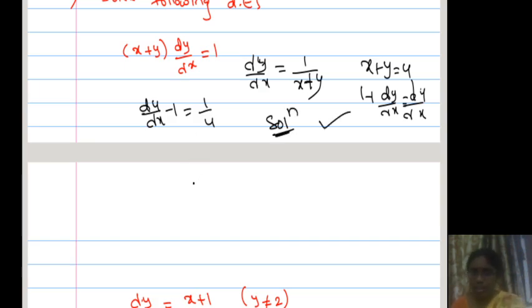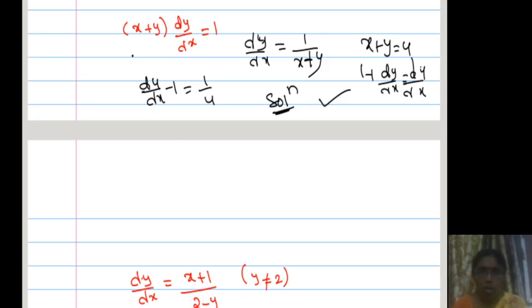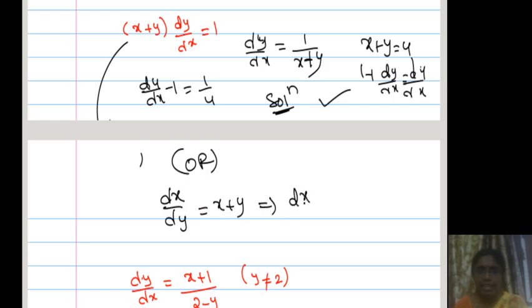But somebody will think like this. For example, if I write dx by dy is equal to x plus y as it is, I can write this as dx by dy minus x is equal to y.